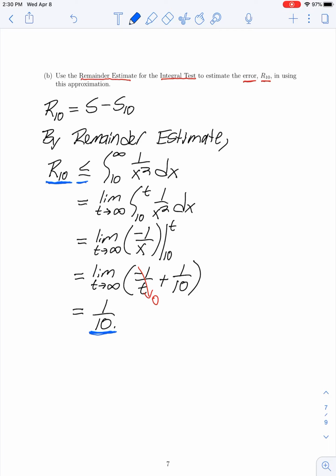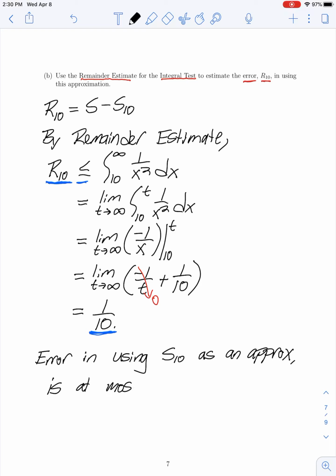So I know that the approximate value I found in part A is within 1/10 of the true value of my sum. So here we could say something like the error in using S10 as an approximation is at most 1/10.